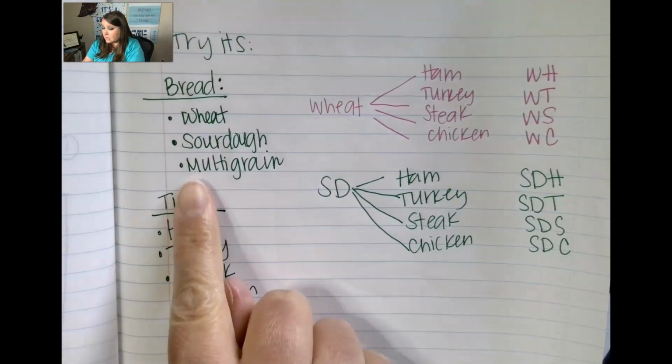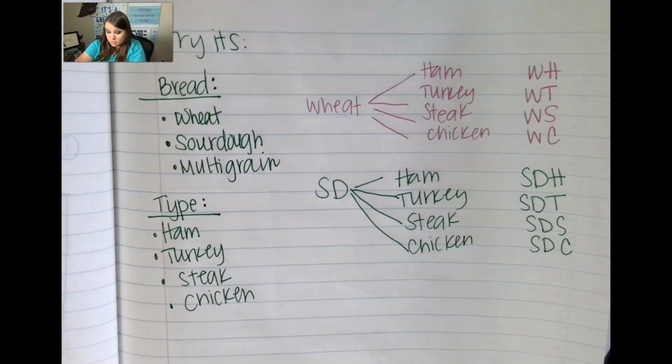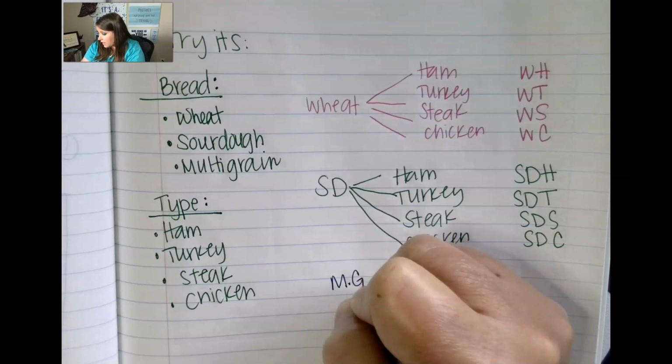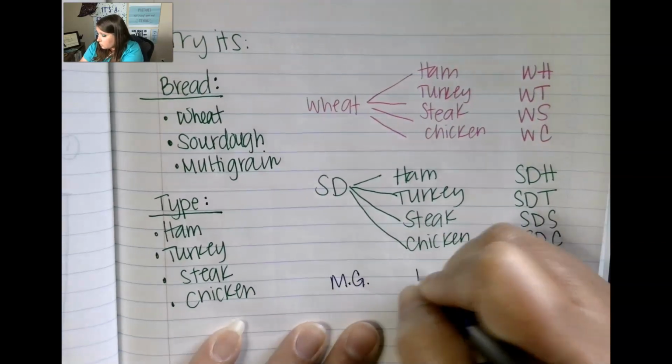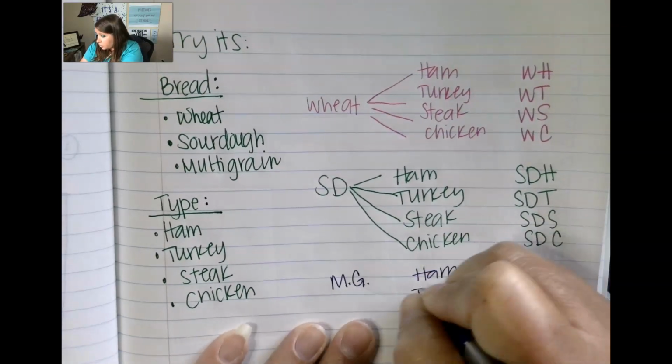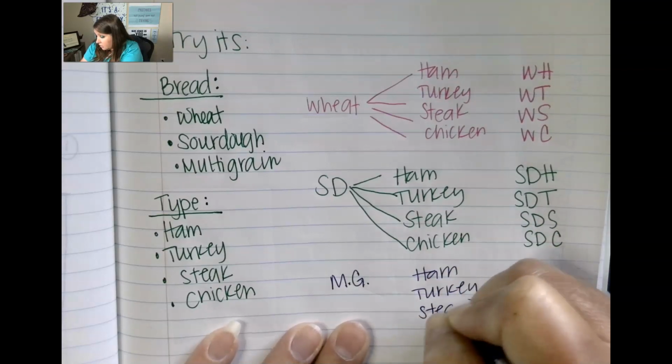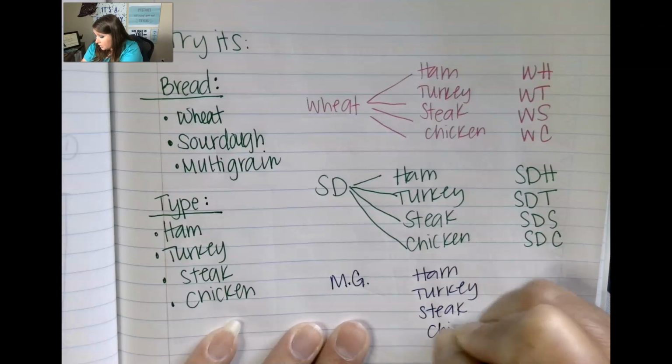Now we added in this multigrain bread. So we have multigrain bread, and with the multigrain we can have ham, turkey, steak, and chicken.